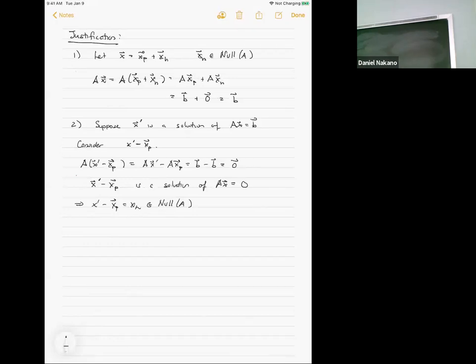And now that means that X prime is XP plus XH. Okay? So what I've done is I've taken a solution for the non-homogeneous system, and I've expressed it as the particular solution plus something in the null space.